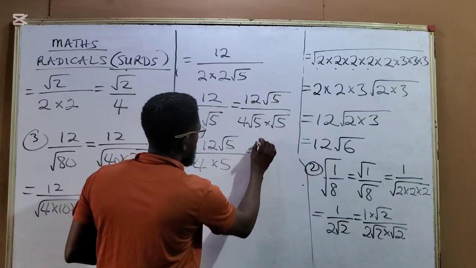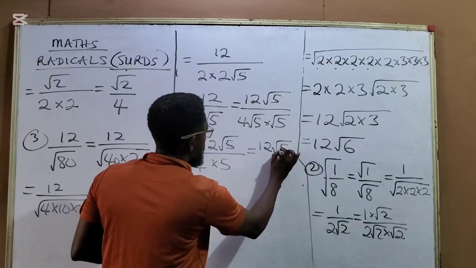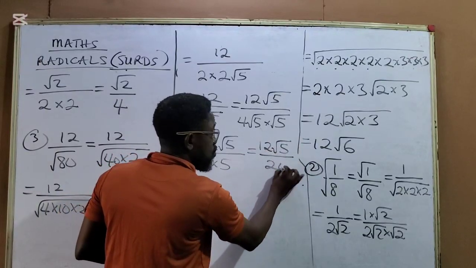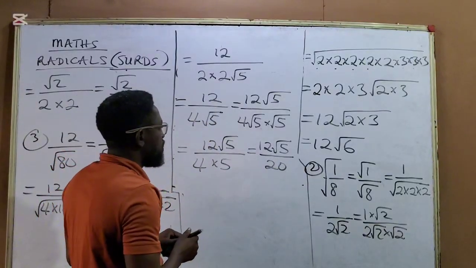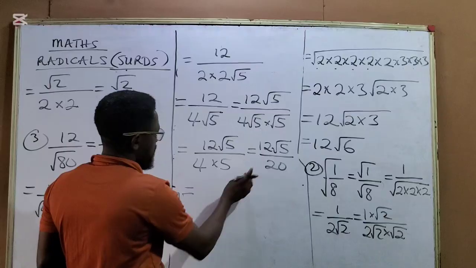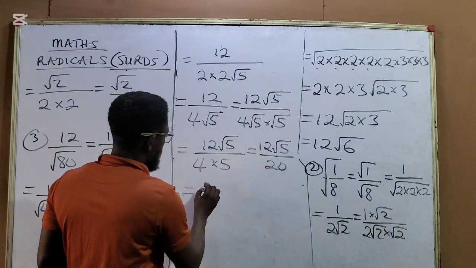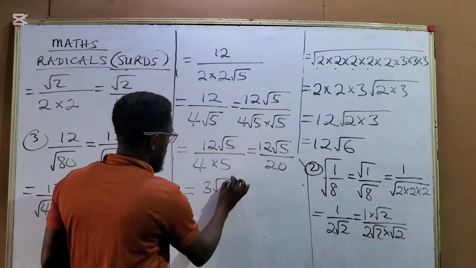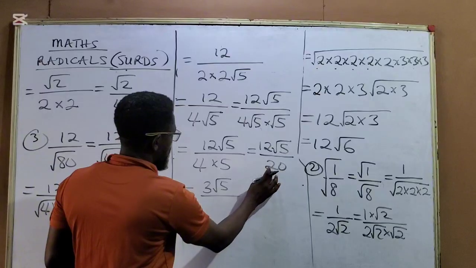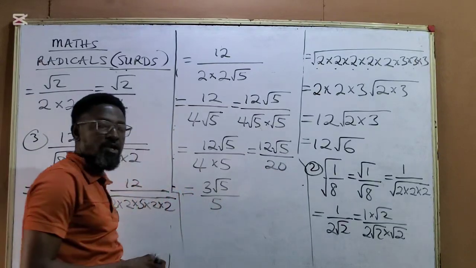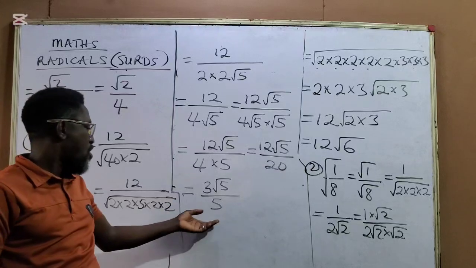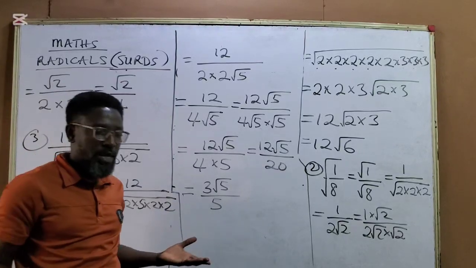So this one gives 12 root 5 all over 20. So we can divide that. 4 into 12 is 3. 20 divided by 4 will give us 5. So the answer becomes 3 root 5 all over 5. It's as simple as that.